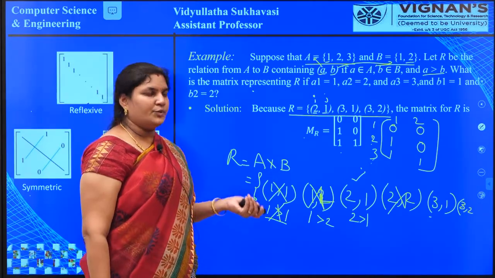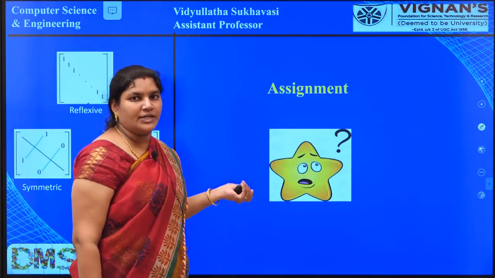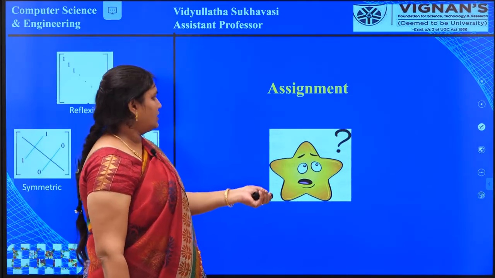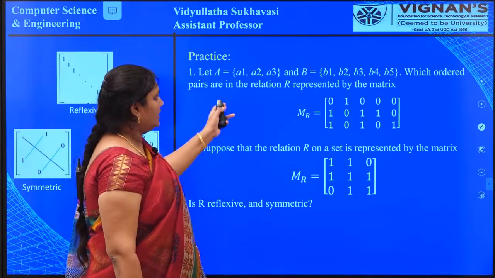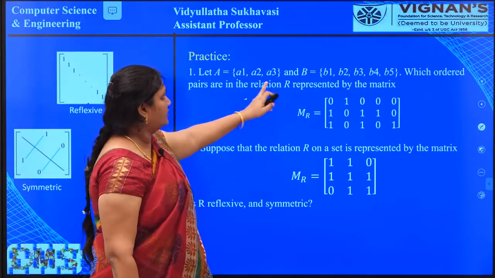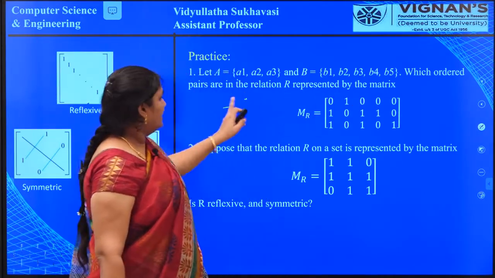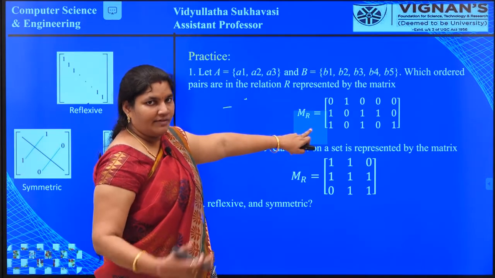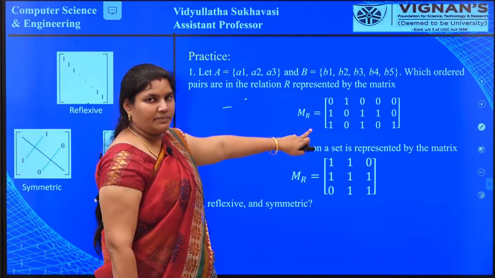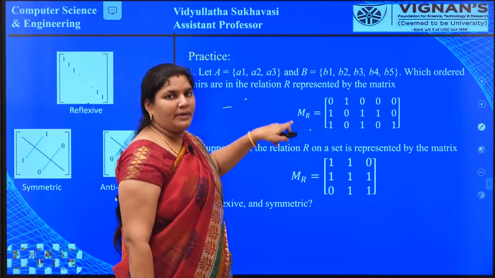Next you can practice the assignment based on the representation of matrices. So these are the 2 problems we have. In the first problem we have 2 sets, A and B, represented as a matrix representation. So what we need to write here are the ordered pairs.